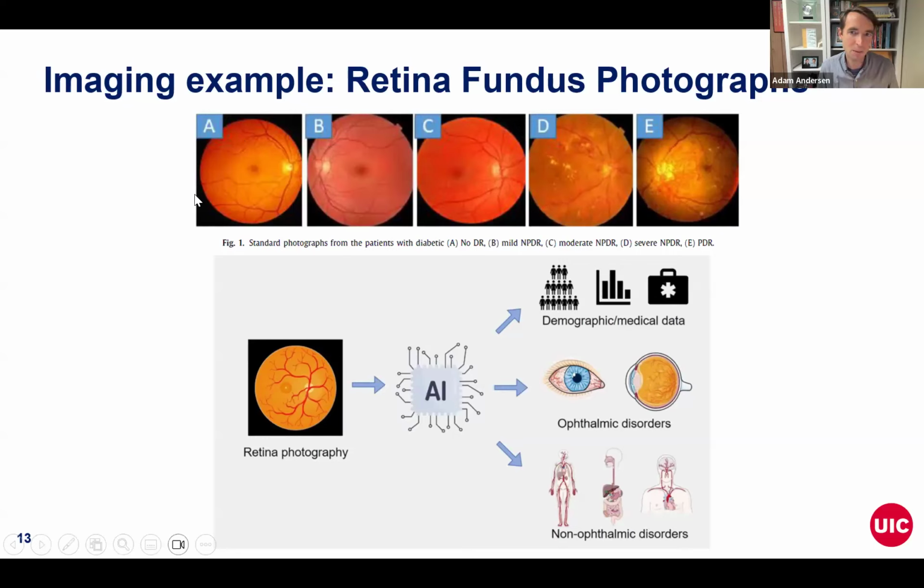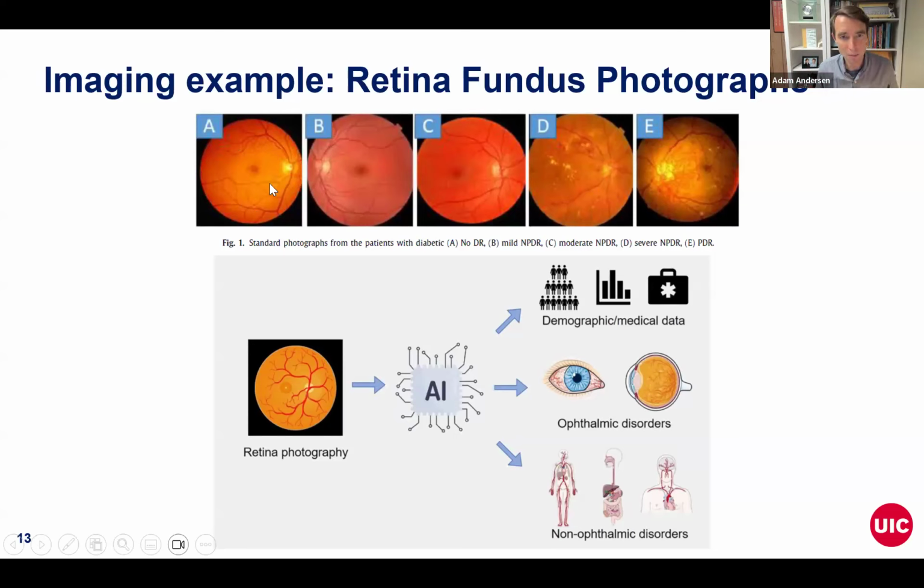Now, if we look at all these different photographs, we see different versions of the fundus, right? This is a normal retina fundus. There's the optic nerve, there's the macula, I believe, all these blood vessels. Again, I'm not an ophthalmologist, but this is what a healthy one looks like. Then as you go down the line, there are different stages of diabetic retinopathy, and all of these photographs are very standardized in how they look.